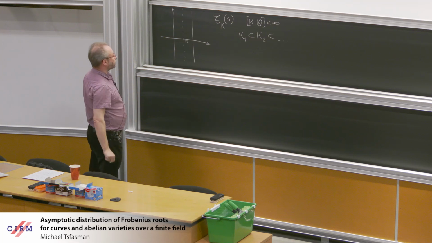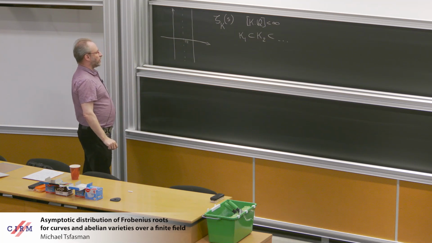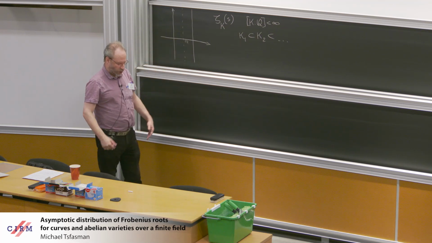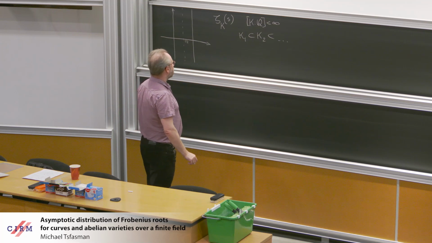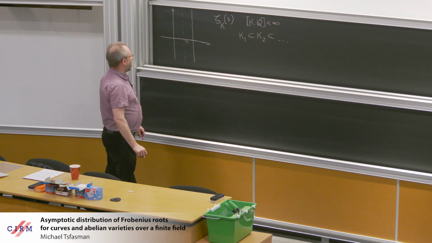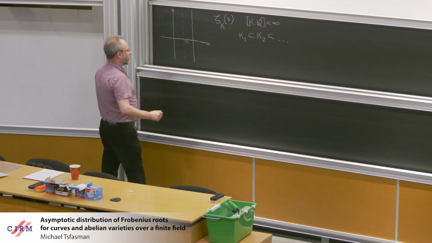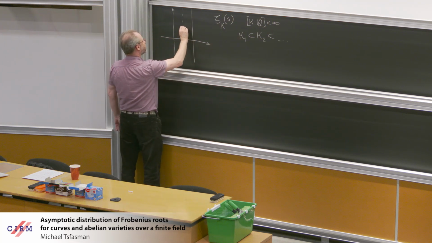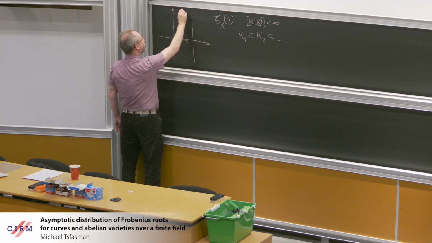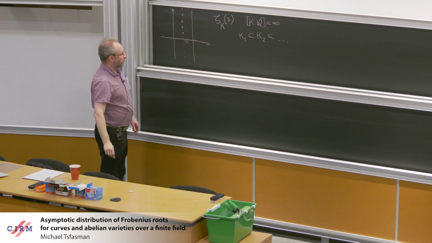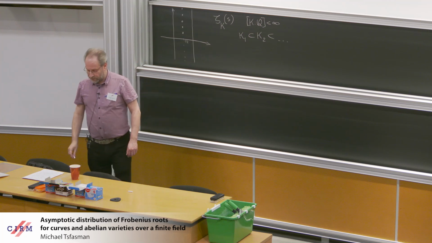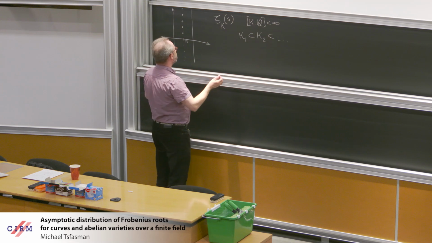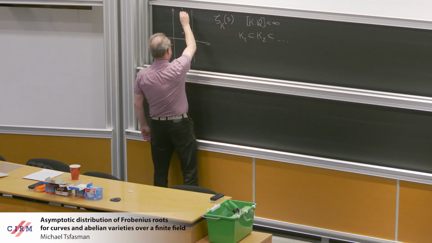And I want to ask a question of the zeros. So how to put the question? To put the question, I do the following. I take the first zeta function and I mark its zeros somewhere. Then I provide the following measure on the vertical line.